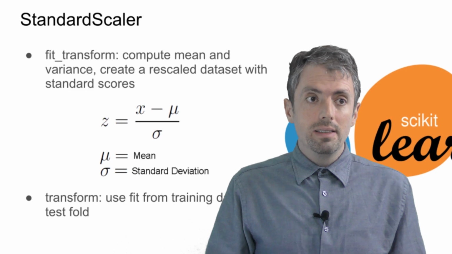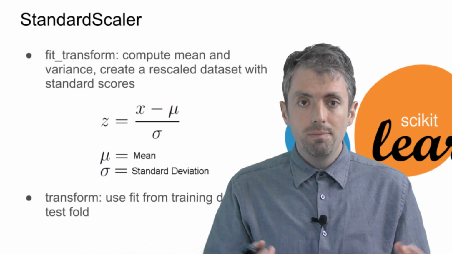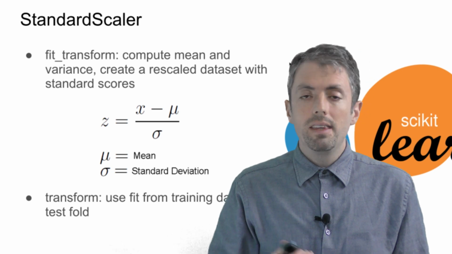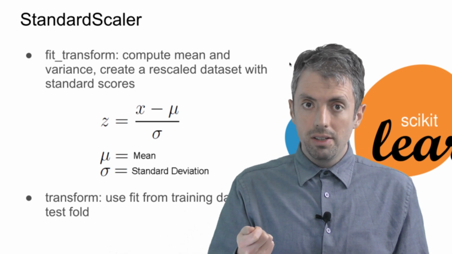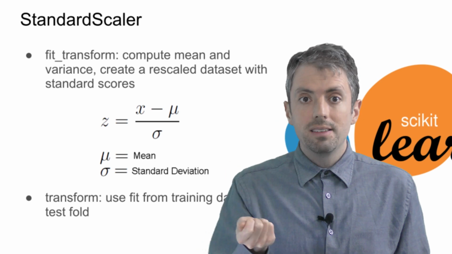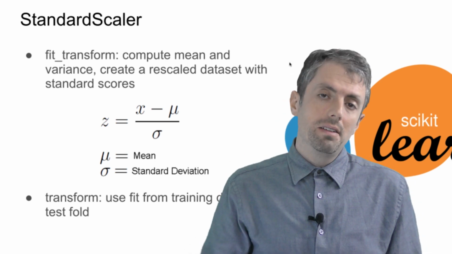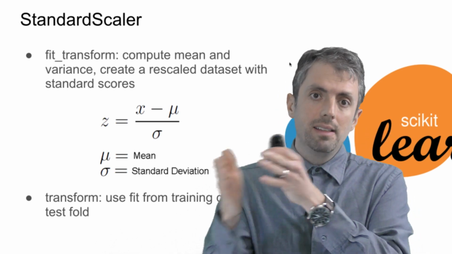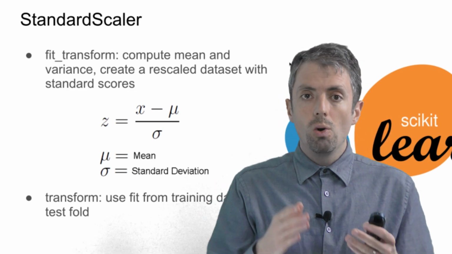The way that they do this is you take your training data, you compute your mean and standard deviation on your training data, and then for any feature value, it subtracts the mean of that feature and then divides by the standard deviation of that feature. And it does this independently for each dimension in your data set.